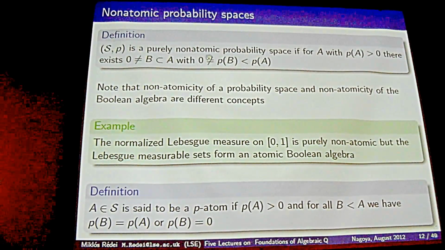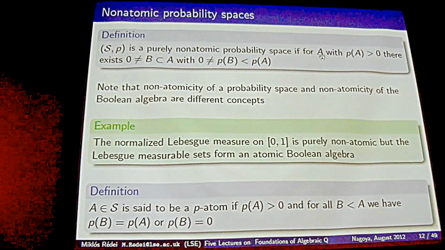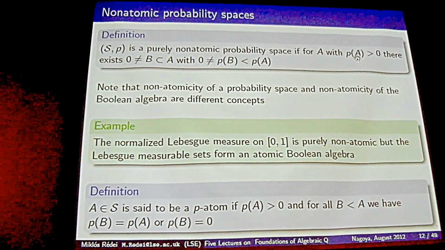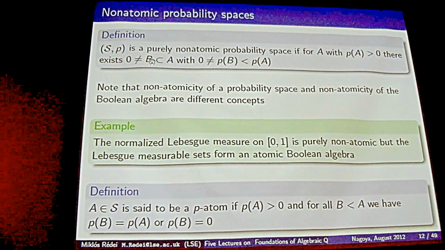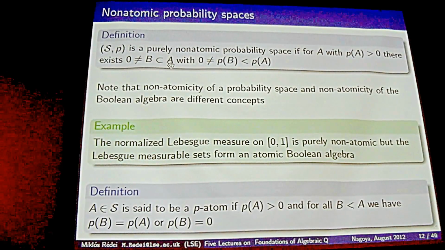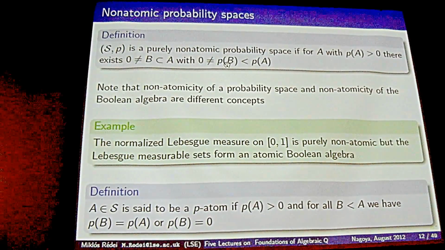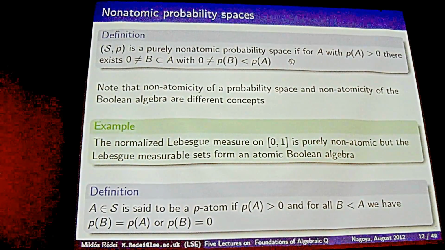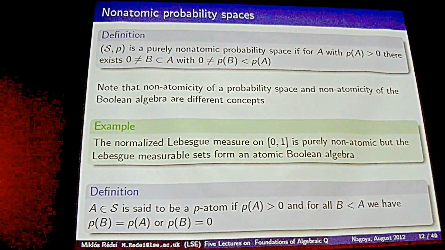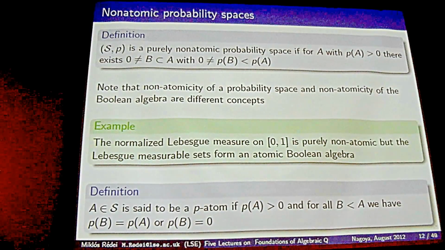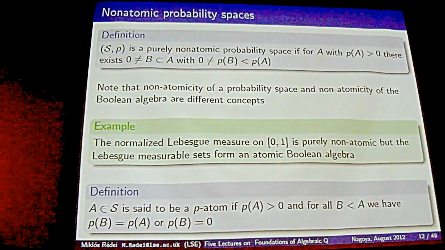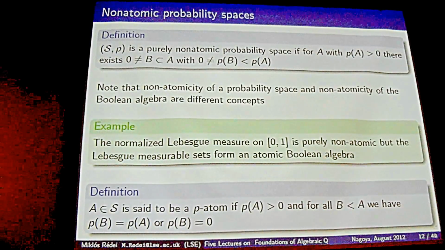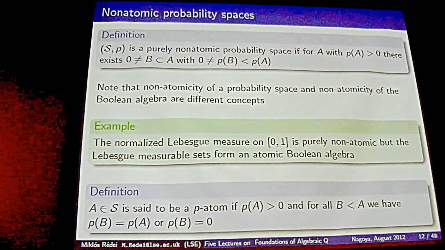A probability space is purely non-atomic if the following is true. For any A which has a non-zero probability, there exists another event which has a strictly smaller probability. So no matter how you choose an element in that probability space which has a non-zero probability, there will be an event in that probability space which has smaller probability.